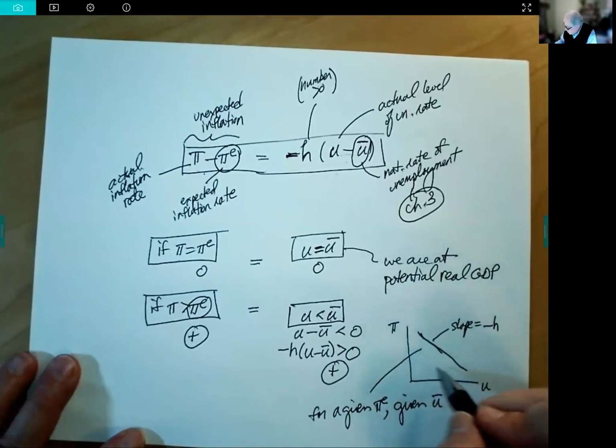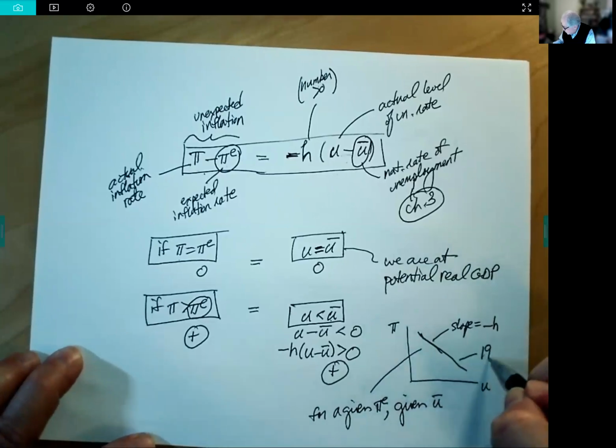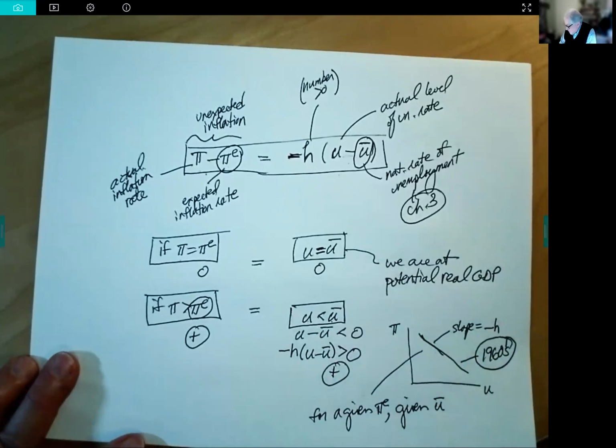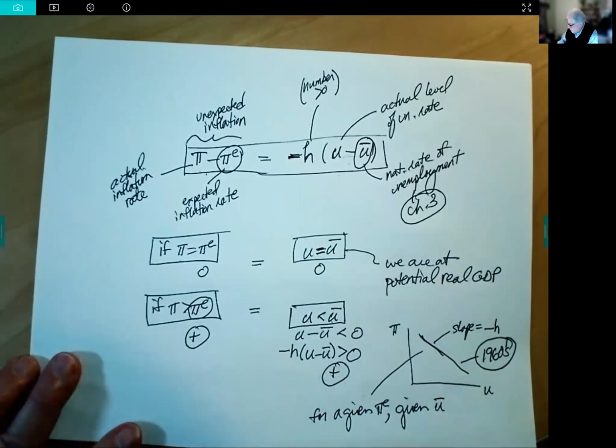So that looks a lot like what the inflation and unemployment data looked like in the 1960s. The nice Phillips curve that is illustrated toward the beginning of chapter 12.